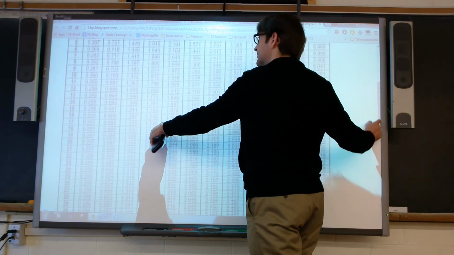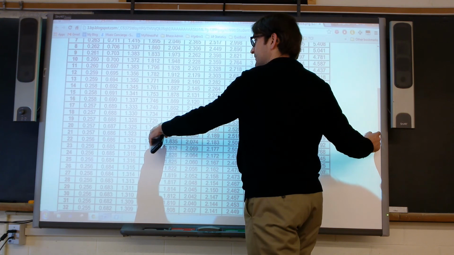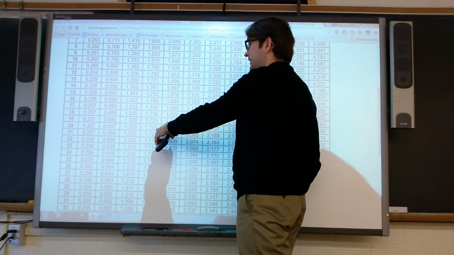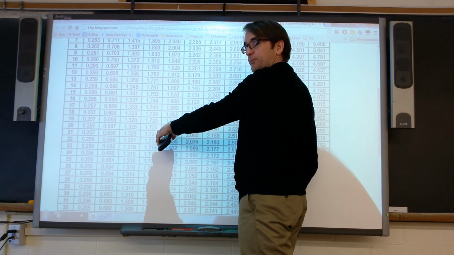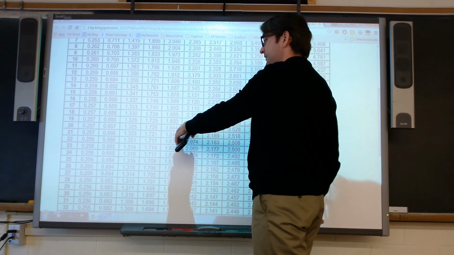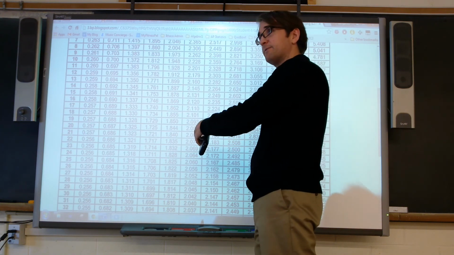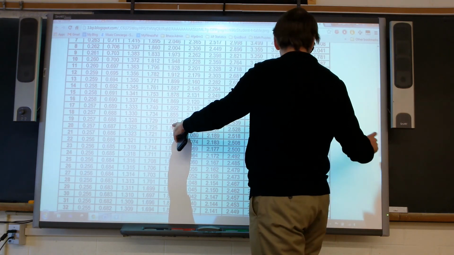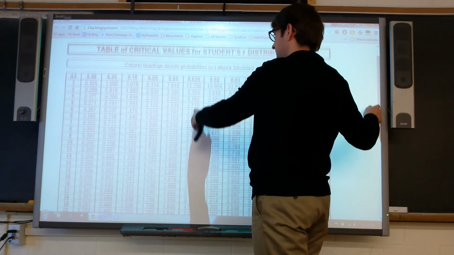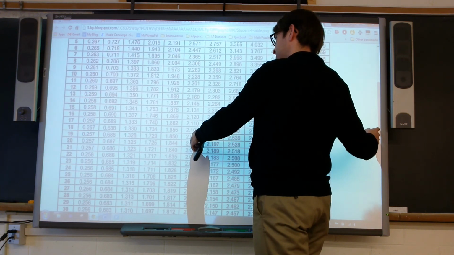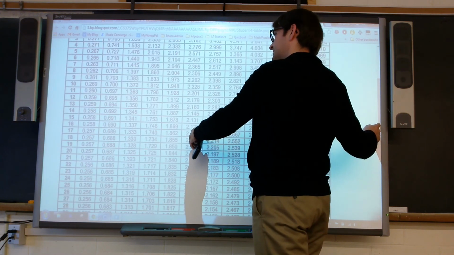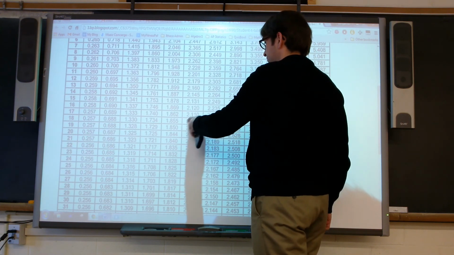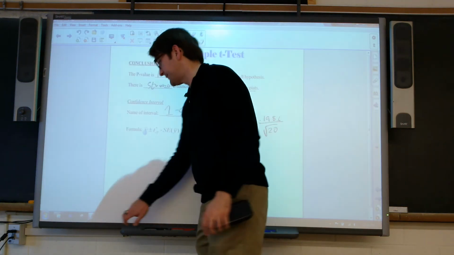No, that's wrong, isn't it? If it's 95% confidence, then we would want 0.025 in each tail. This is just a shambles, isn't it? 0.025, 19 degrees of freedom, 2.093. There we go. That's the number I'm going to use: 2.093.